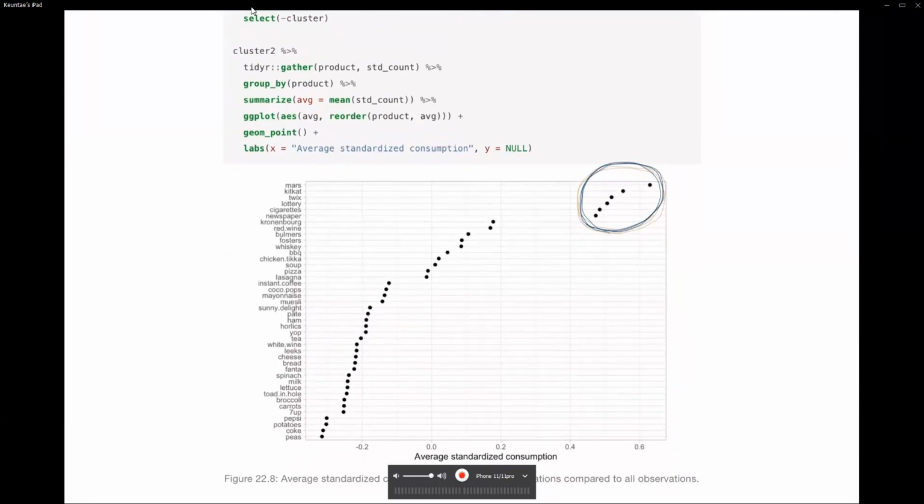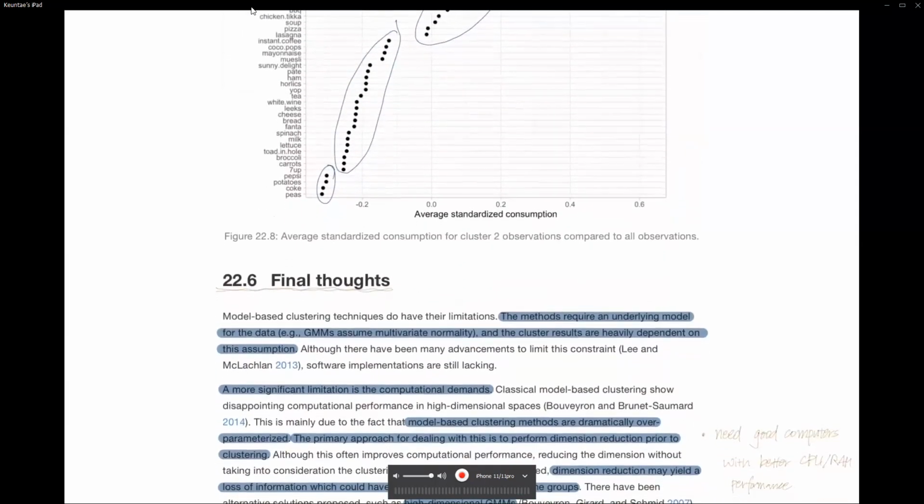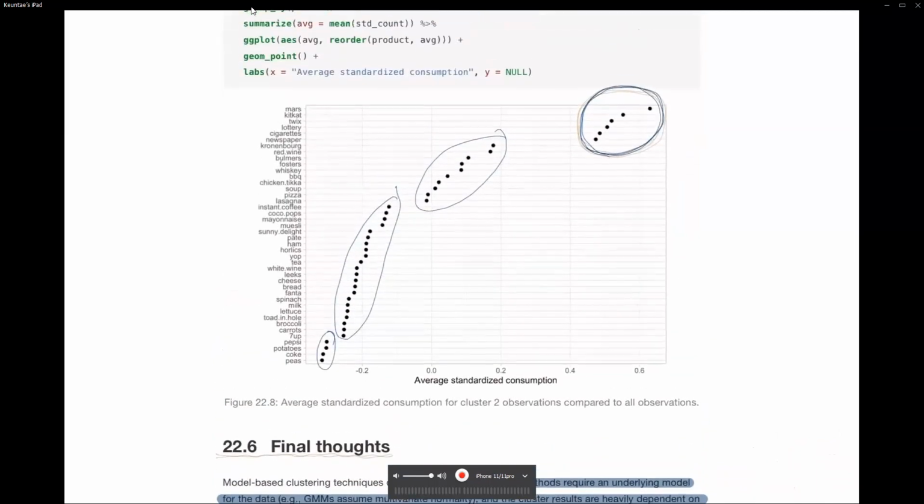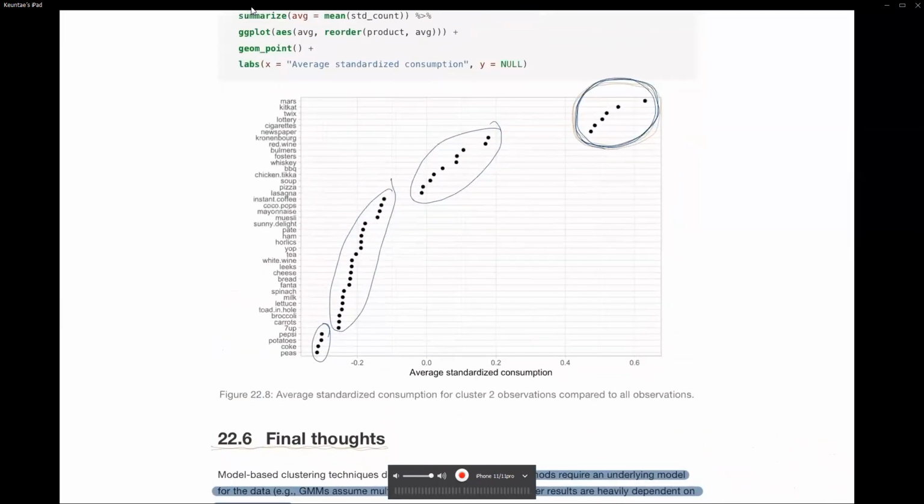But there are also a lot of other items belonging to this group. So it is a little bit hard to understand exactly what this cluster represents. So this all depends on our intuition or our background knowledge to identify or infer these characteristics.